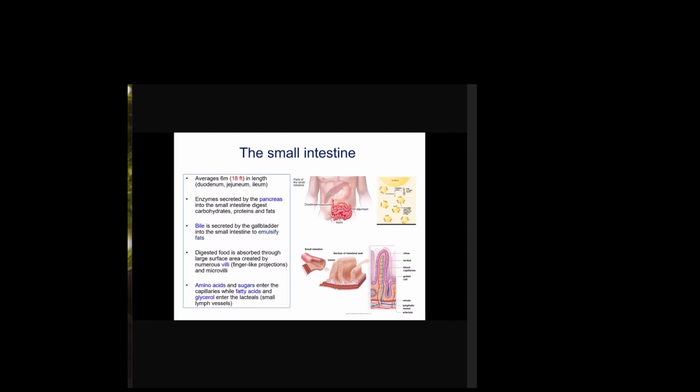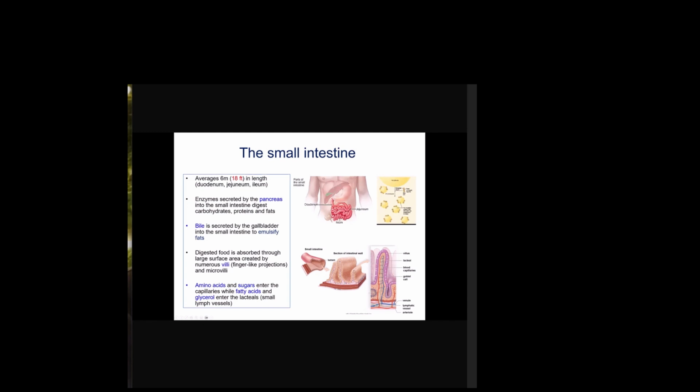In terms of absorption, digested proteins are ultimately digested to amino acids, carbohydrates to sugars, fats to fatty acids and glycerol. Both amino acids and sugars would get into the blood vessels.